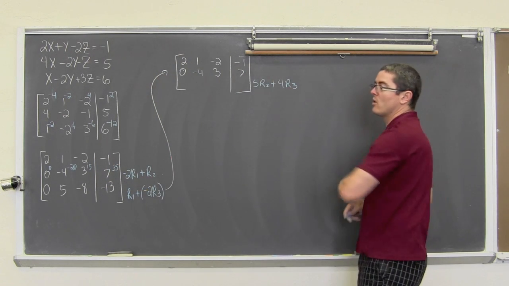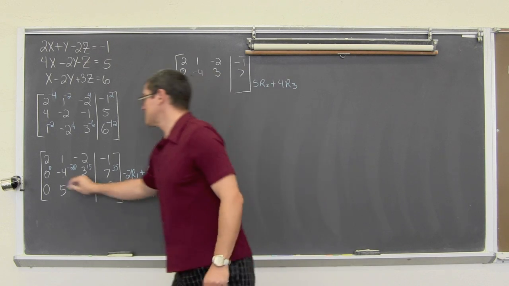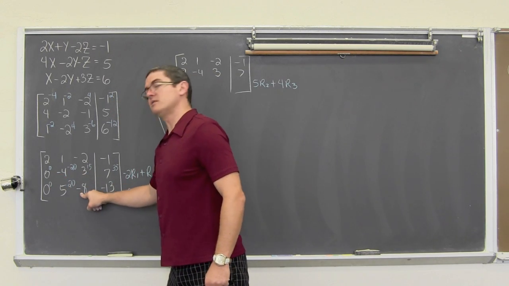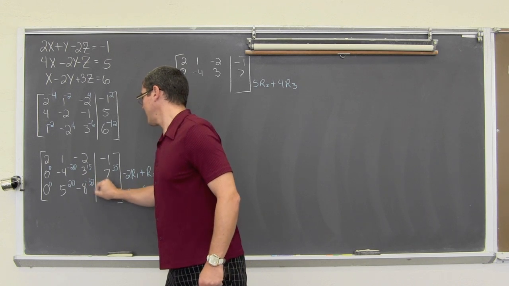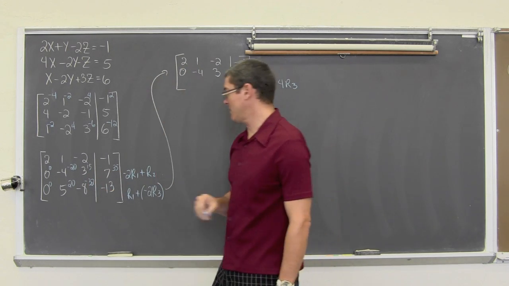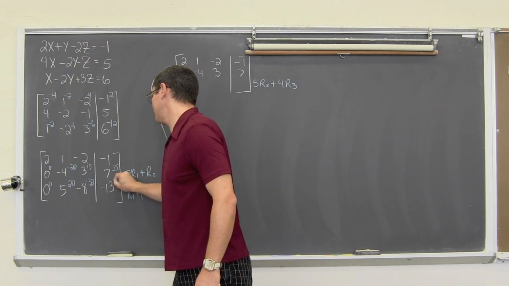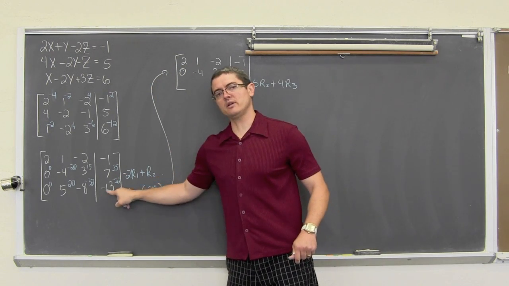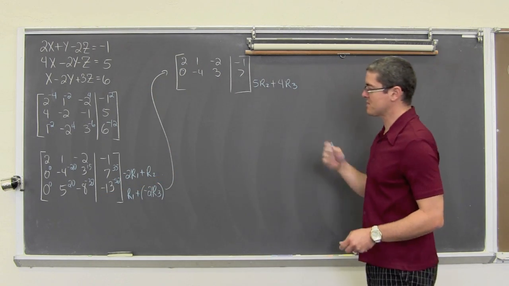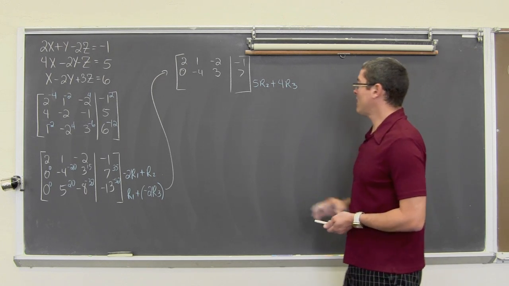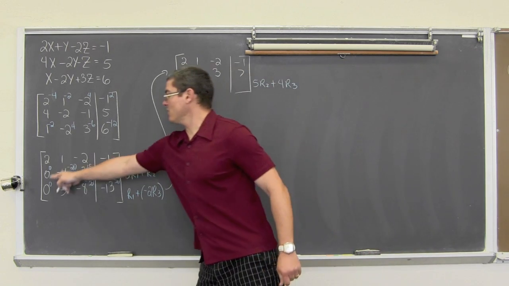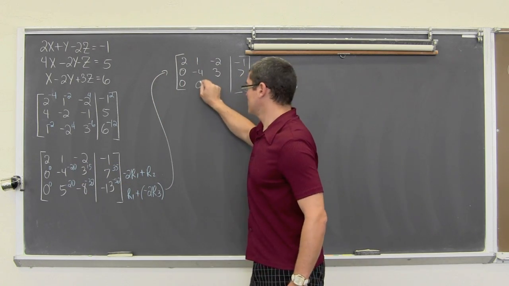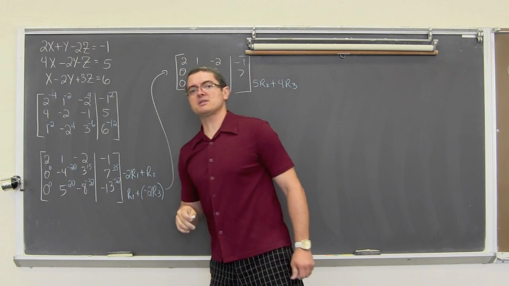I want to take 4 and multiply it to the third row. So 0 times 4, 5 times 4 is 20, negative 8 times 4 is negative 32, and negative 13 times 4 is negative 52. 4 times 10 is 40, and 4 times 3 is 12, so 52. And now I want to add those. So we have 0 and 0 is 0, negative 20 and 20 is 0, 15 minus 32.